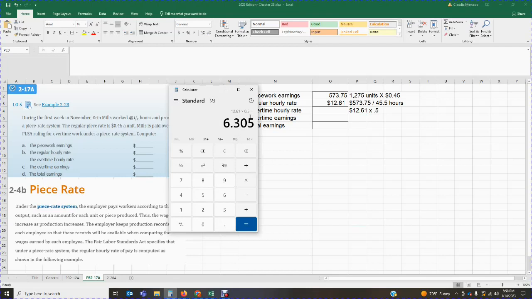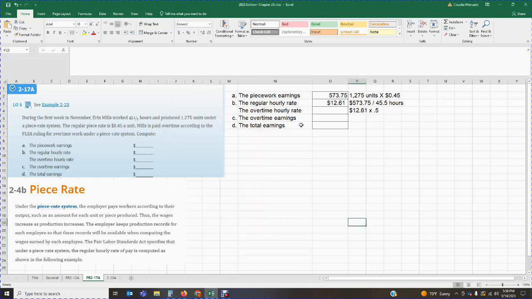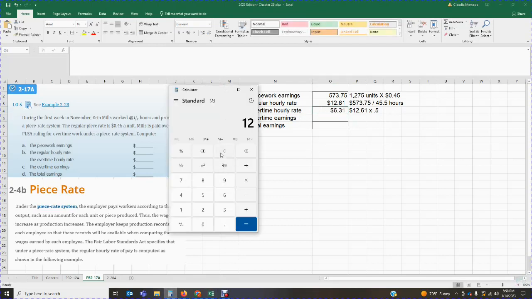Because we have that third digit and it's a 5, we're going to round that second digit up by 1, so that will be 6.31. You can either multiply by 0.5 to make it easier, or you can simply get the hourly rate and divide by 2 and it'll give you the same thing.